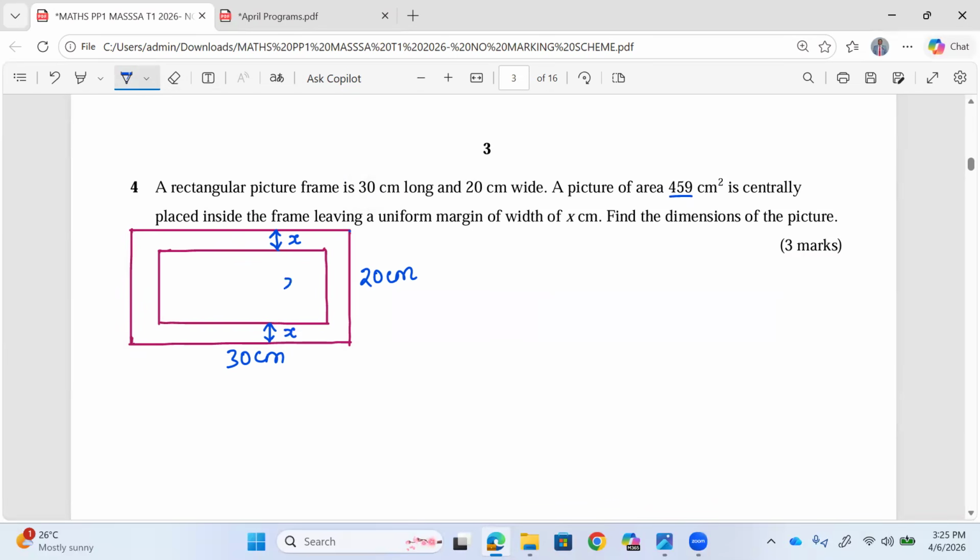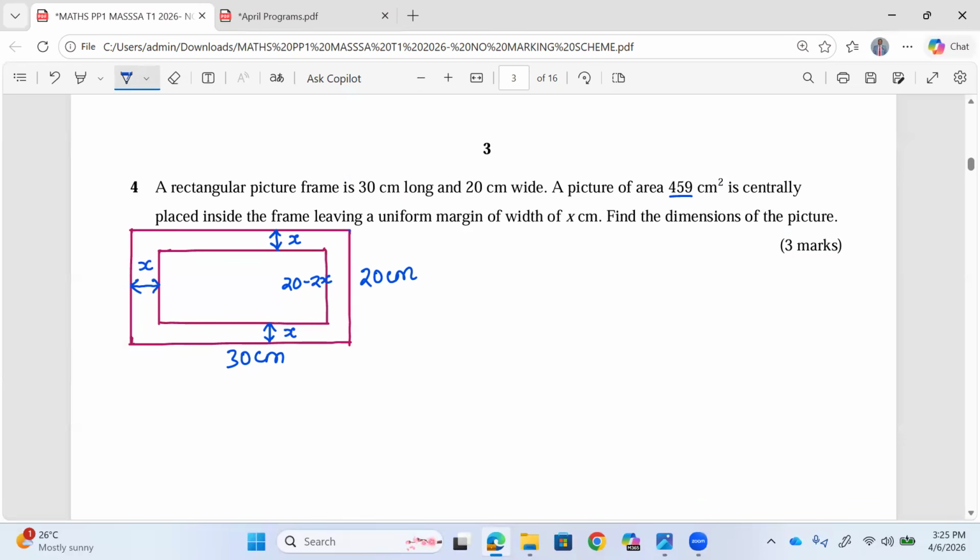So the width of the picture itself is 20 minus 2x, because we are subtracting x from either side.